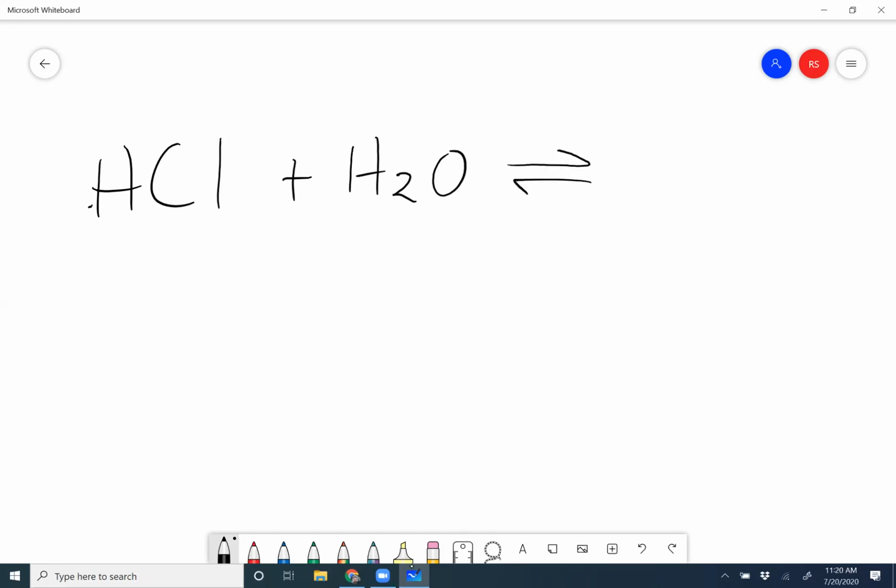So they split apart. And this arrow right here means reversible, meaning it can happen one way, but it can also happen the other way. We'll talk more about that in chapter 18. But what happens is the hydrogen gets donated to the water, and the water accepts the hydrogen, and we're left with what's called the hydronium ion.